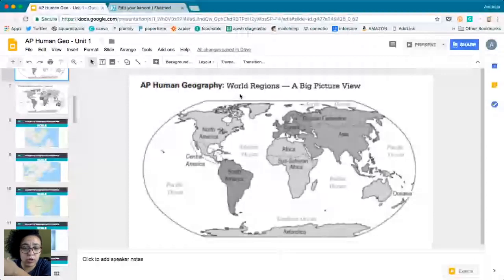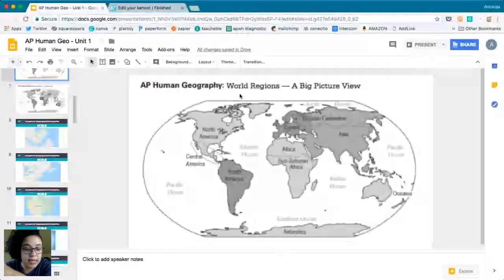And then when you get deeper into the actual regions, this is something you should start studying. As you can see, this map is mostly the different regions with north, south, east, west. This map is really important for you to know because these regions are going to be used on the exam. They'll use things like West Africa, Sub-Saharan Africa, and you need to be able to know where that is. So just make sure that you know that for sure.